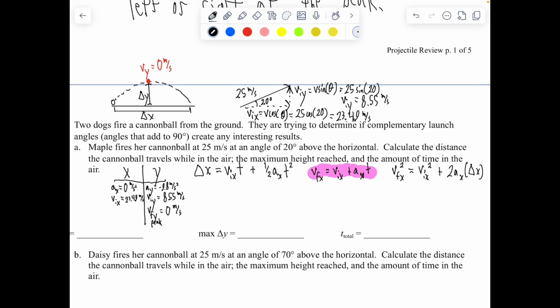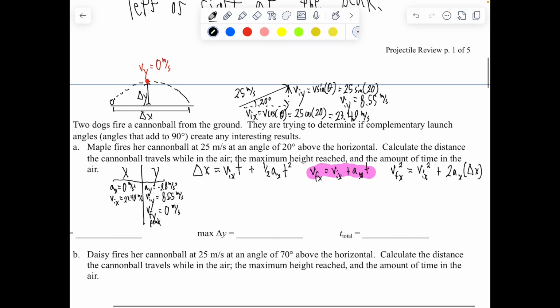So if we use that equation, we just start plugging everything in. The final velocity for our y direction is 0, or at the peak. Let's tack our units on there, just to show that everything cancels out.